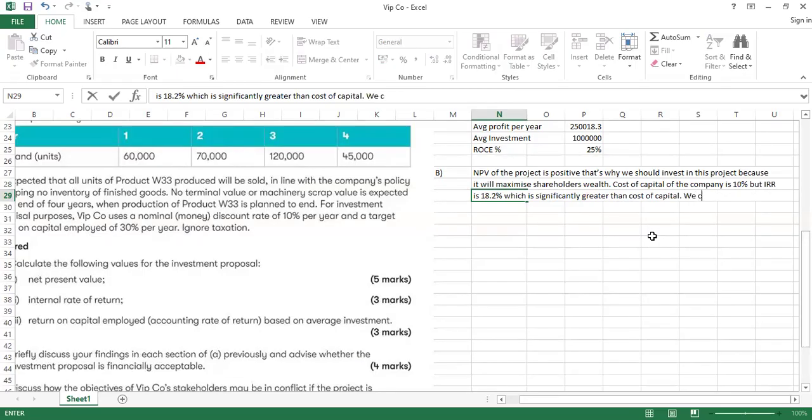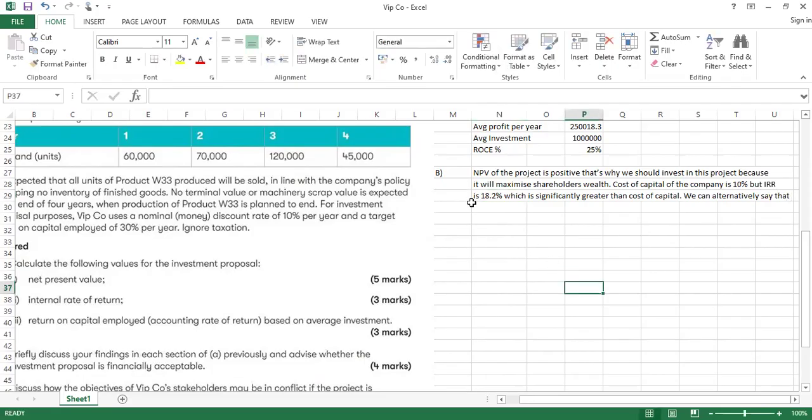We can alternatively say that company is taking less risk.